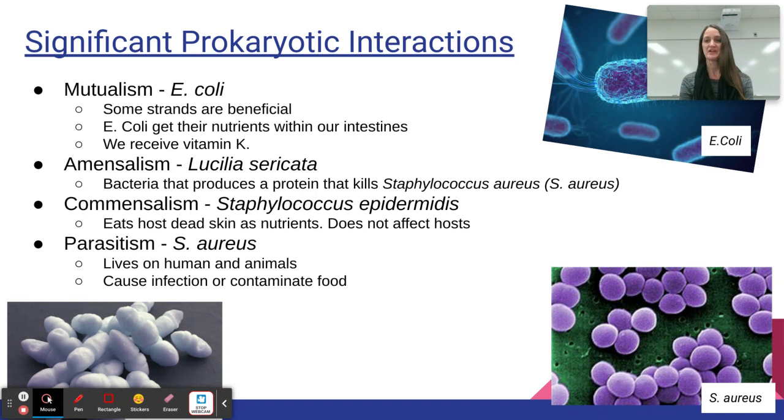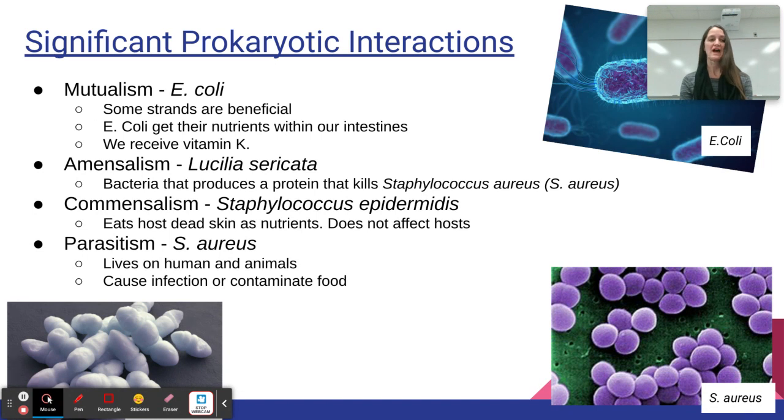However, there are some strains of E. coli that are beneficial, and E. coli, they live in our intestines, and they get their nutrients within our intestines, and then we receive from them vitamin K. So in this relationship, both species are benefited.